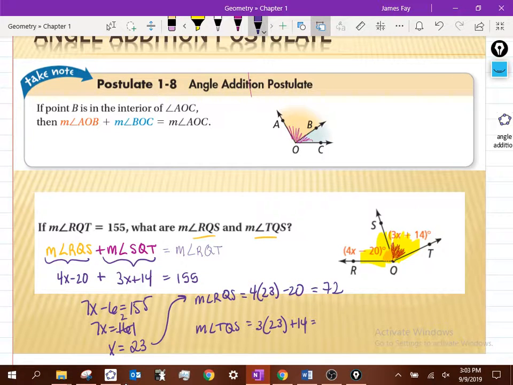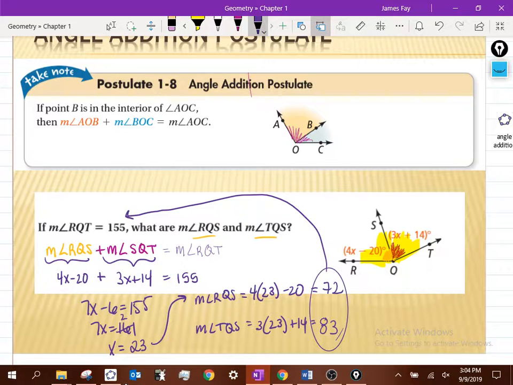What's 3 times 23? 69 plus 14? 83? Okay. What do I get when I add those two numbers together? 155. Which tells me that I've done things correctly, right?